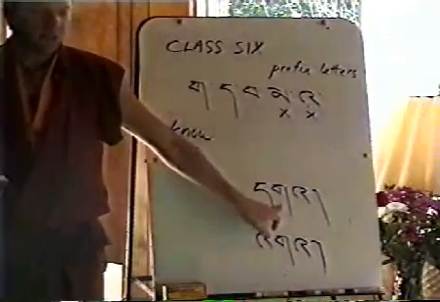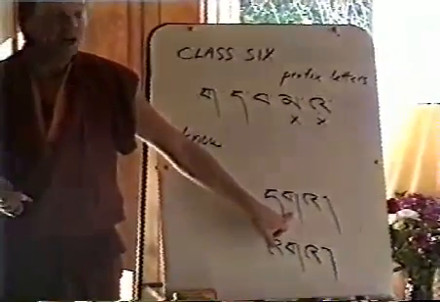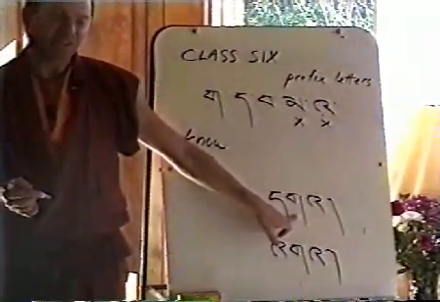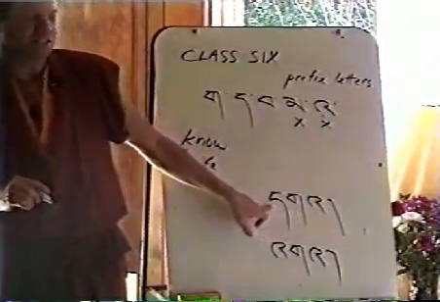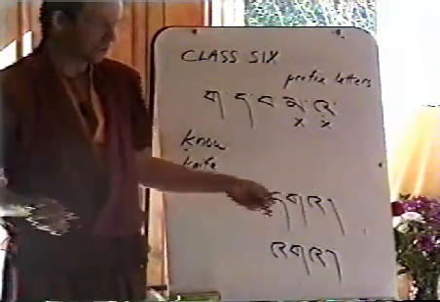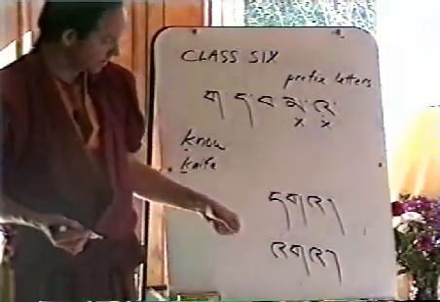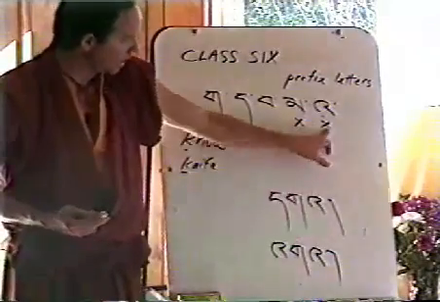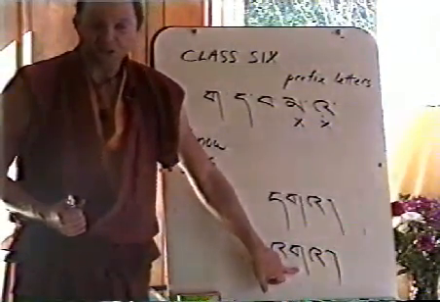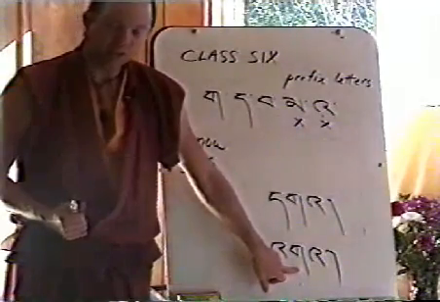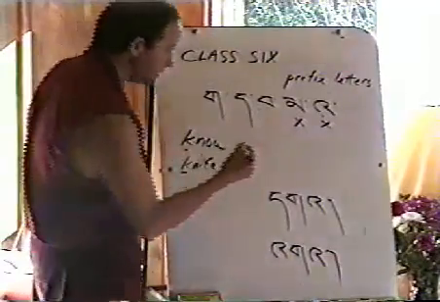Without any prefix letter, this would have been ka, right? Brazil. Oh, you guys are sleepy. Ka, ka. With a prefix letter, ga. Without the prefix letter, ka. With the prefix letter, ga. A and ma, before a third column letter, change to the corresponding prenasal. Nga. So I'll give you examples now.